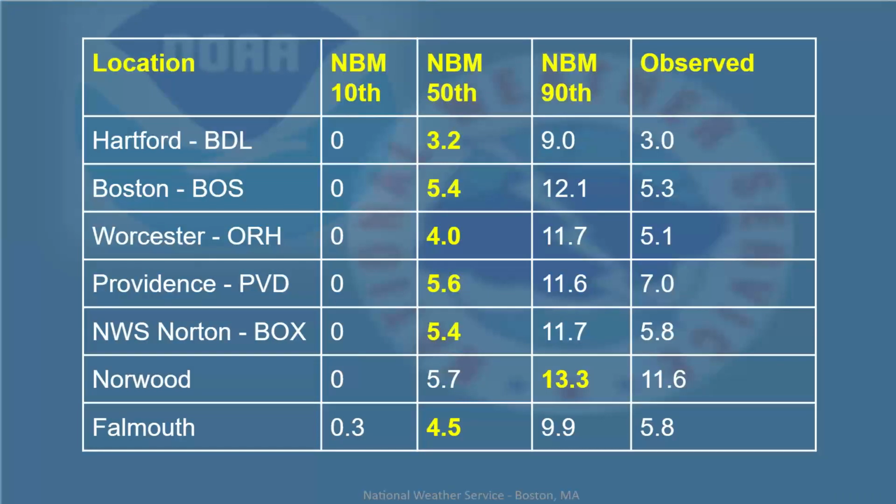So just comparing what happened versus what the MBM was showing. If you look at the 50th percentile, notice it was pretty good for a lot of the area, except Norwood, right? Because that's where we had that mesoscale snow band.